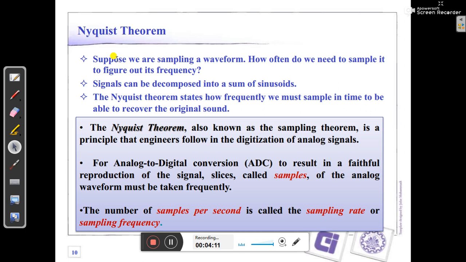For analog to digital conversion (ADC) to result in a faithful reproduction of the signal, slices called samples of the analog waveform must be taken frequently, means at very brief intervals. The number of samples per second is called the sampling rate or sampling frequency.